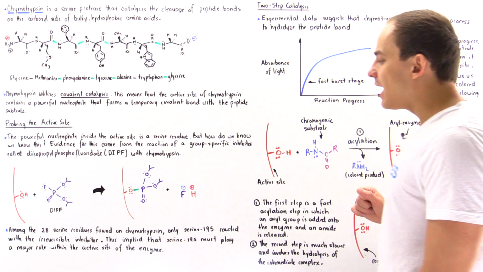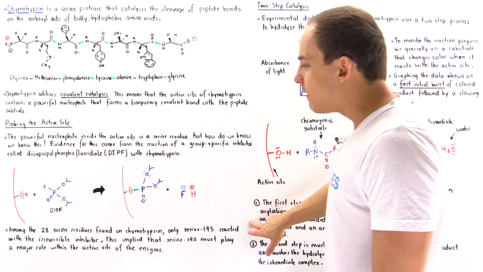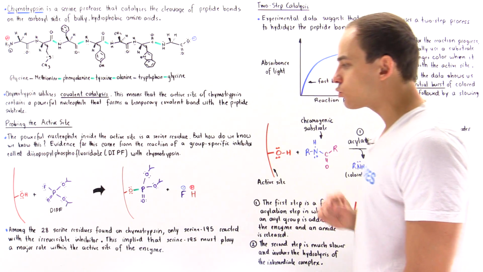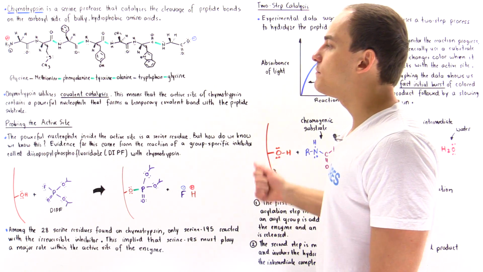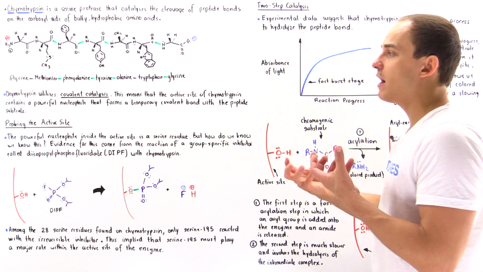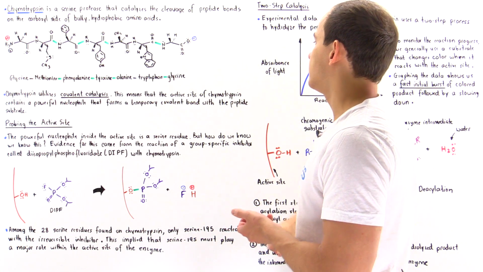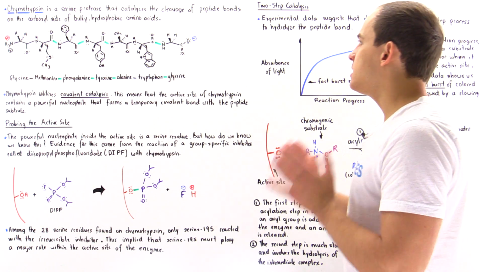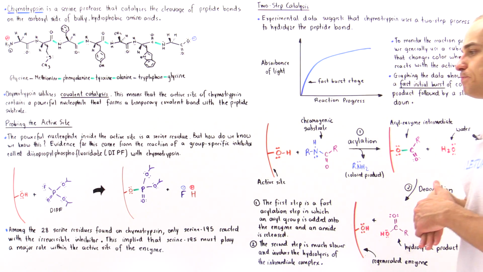And so this implied that serine 195 must be the one that plays a major catalytic role in the active site of that enzyme. That's how we know that serine is the one involved in catalyzing the cleavage of the peptide bonds at these specific bulky hydrophobic amino acids.